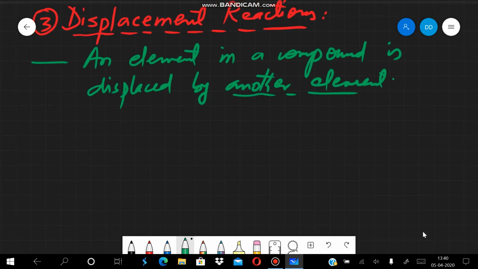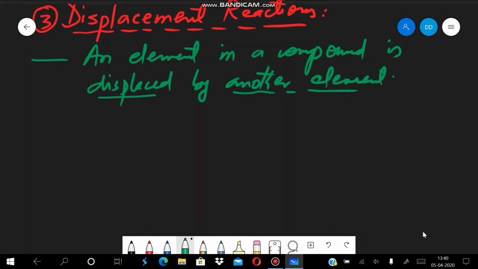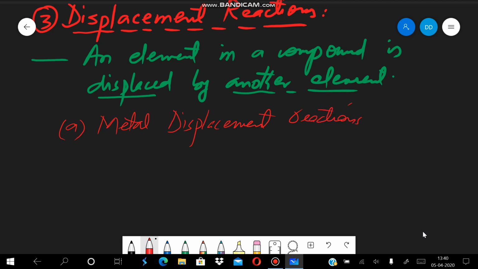Now the element which is displaced can be a metal or a non-metal. So based on this, the displacement reactions are further classified into two types: metal displacement reactions, and the second type, non-metal displacement reactions.